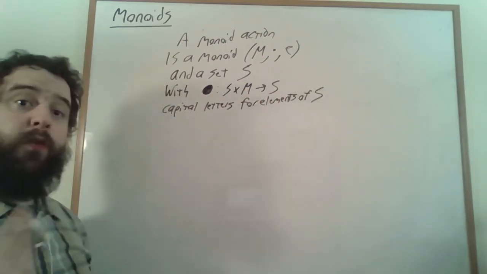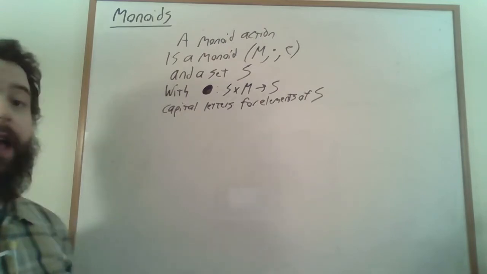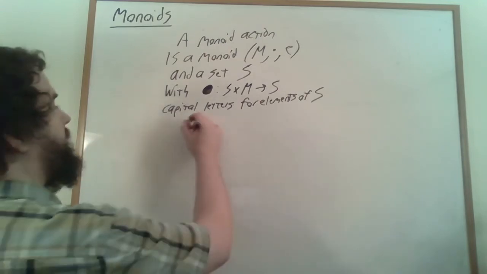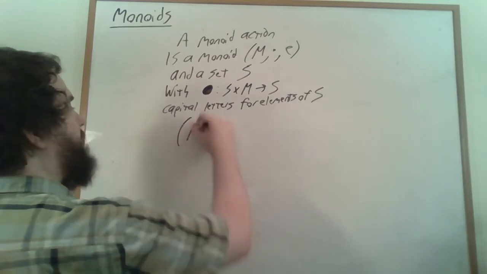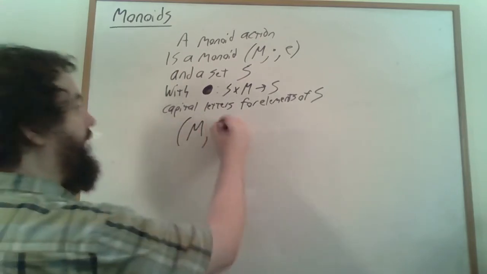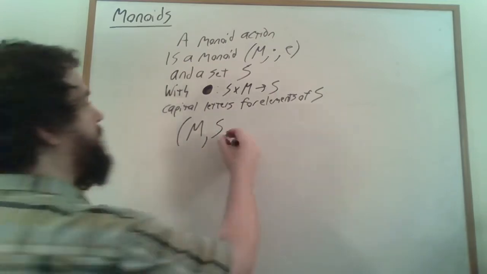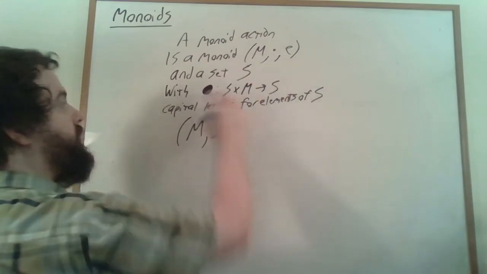So what we're really looking at is a structure that has two different types of elements. We could write this in equational notation as having both a set of elements of our monoid and a set of elements that are getting acted on by our monoid. And then we have two notions of multiplication.